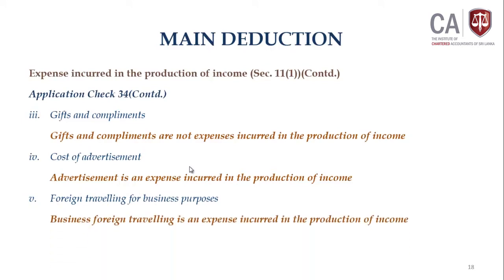Foreign travelling for business purposes: in the previous act, some part had to be disallowed, but in the current act the law is silent, so you can claim foreign travelling for business purposes as an expense incurred in the production of income, under the main deduction rule.